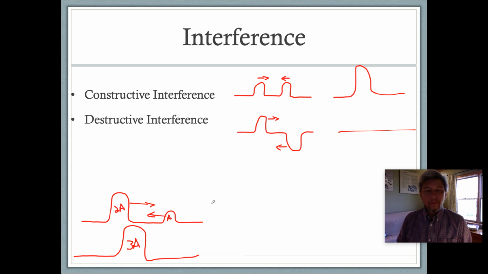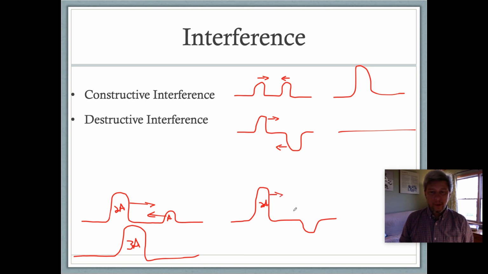Now, what if, on the other hand, rather than having them on the same side of the equilibrium point, I've got a wave with an amplitude of 2A moving this way, and a wave of amplitude negative A going this way.